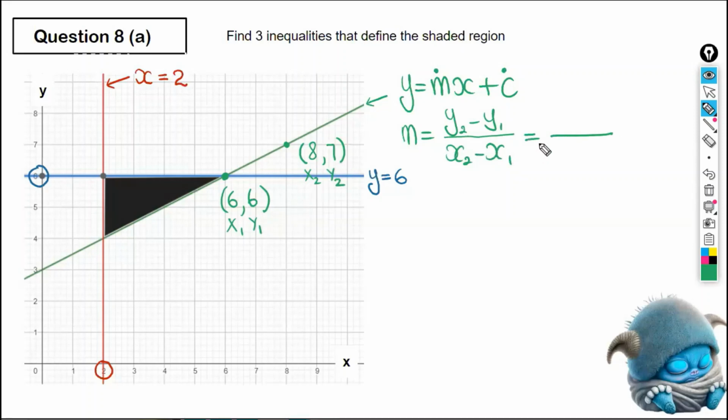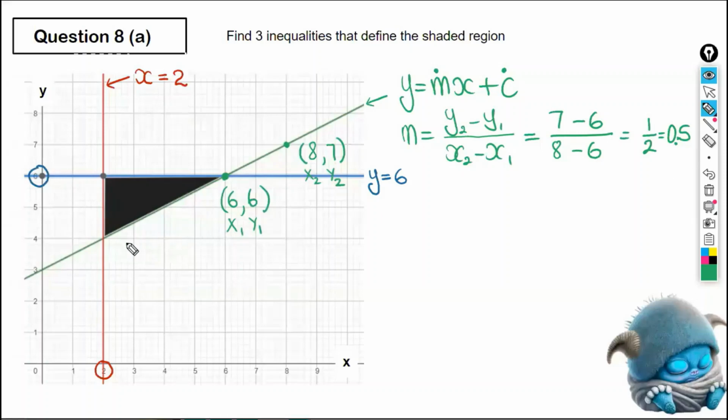Let's quickly throw it into the formula. I'm just taking the values from here. So I think we're going to get 1 on 2, better known as 0.5. So your gradient is definitely 0.5.